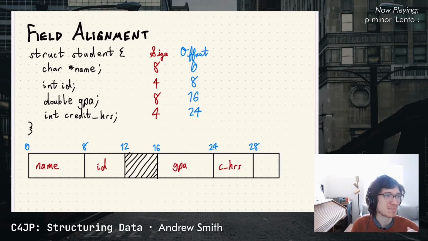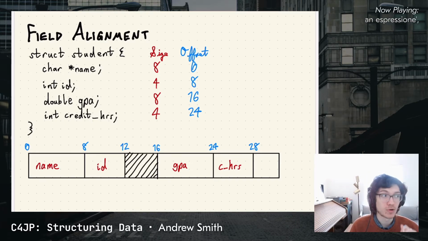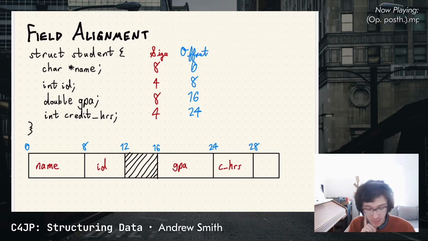But now there's actually something that I have failed to mention, and that is that structs themselves have to be aligned. And structs are aligned according to the size of their largest member. So, if we want to figure out how to align this struct student, we need to figure out the size of its largest member. And in this case, the size of its largest member is going to be 8, right?